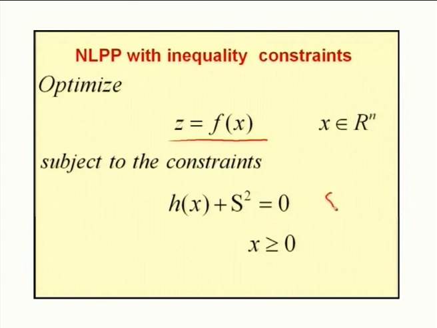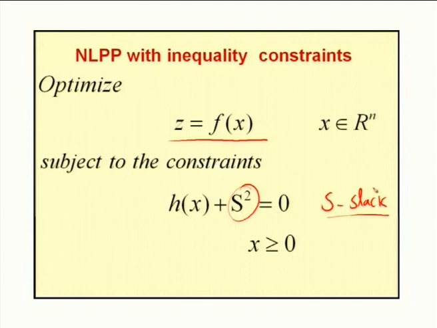Here the variable s is called the slack variable. We introduce the slack variable to convert the inequality constraint into an equality constraint. This slack variable appears in the form of s squared in the constraint, so the slack variable ensures that the term is non-negative.